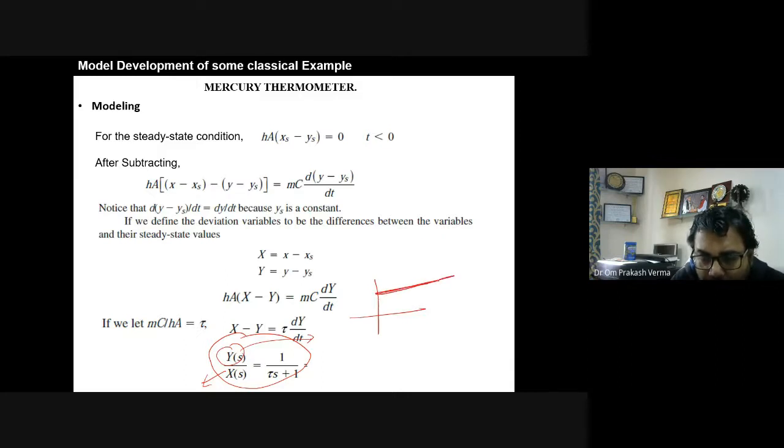Let's say this is the input, and your output is like this. So the system is not controlled. So you have to apply some control system, control theory concept for such type of system.